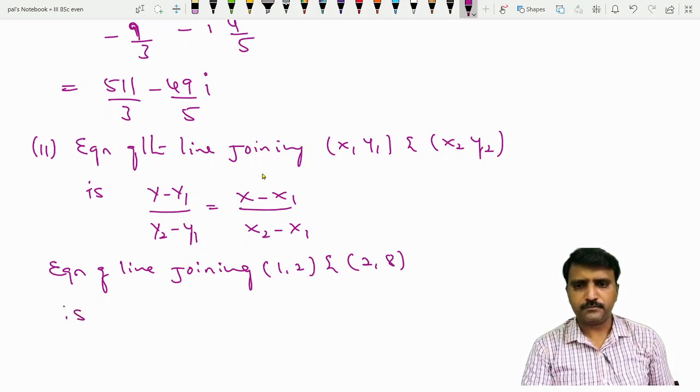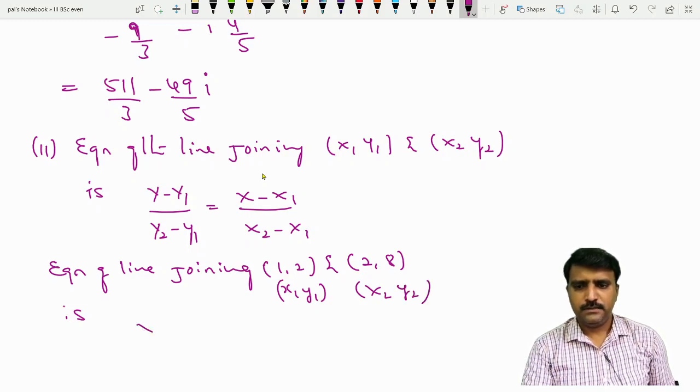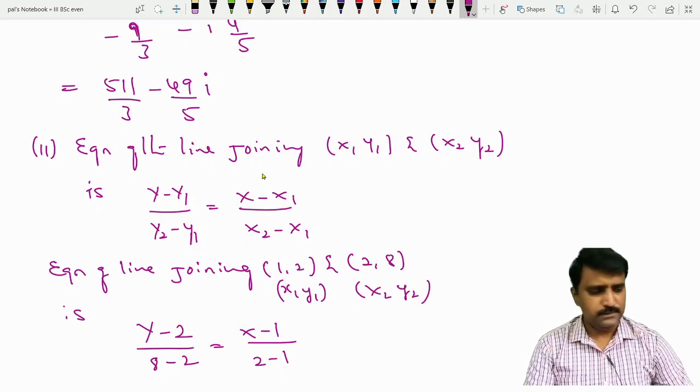Take this as x1, y1 and this as x2, y2 and use this formula here. So y minus y1 by y2 minus y1 is equal to x minus x1 by x2 minus x1. Go on simplifying this.